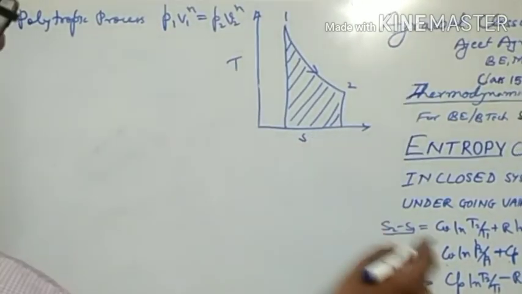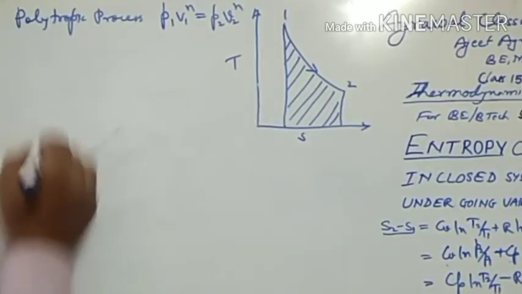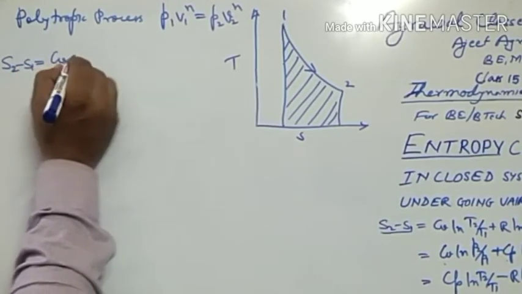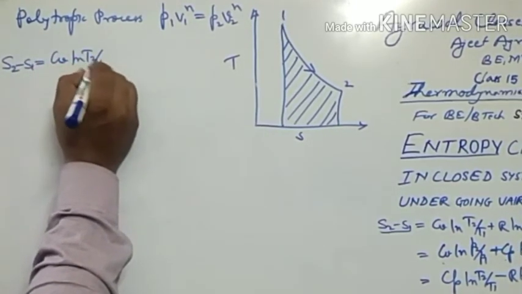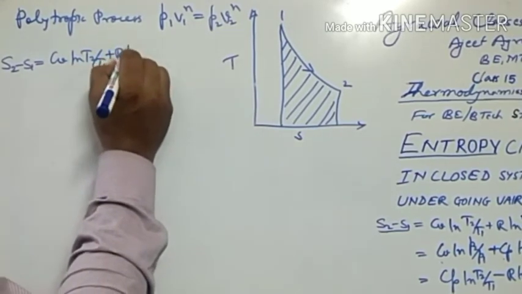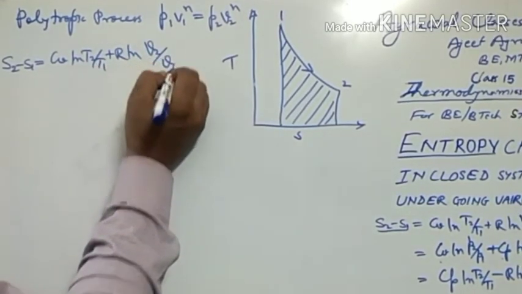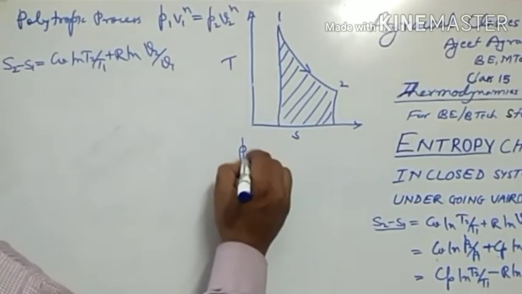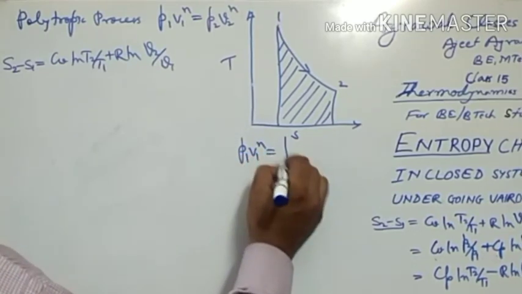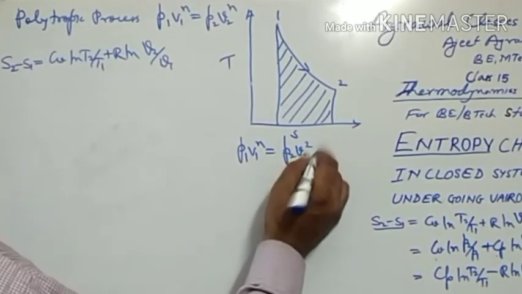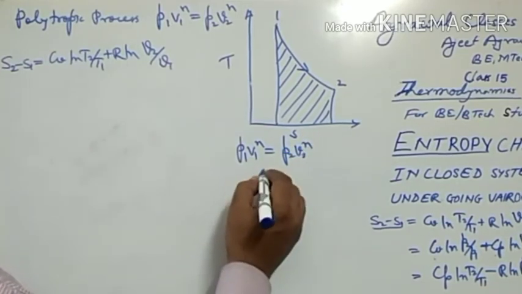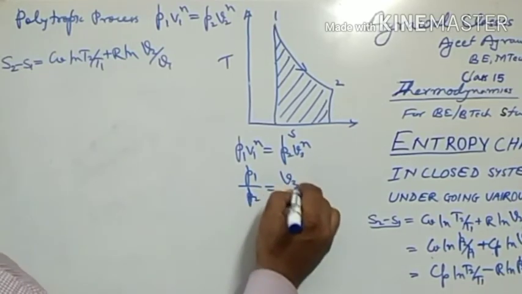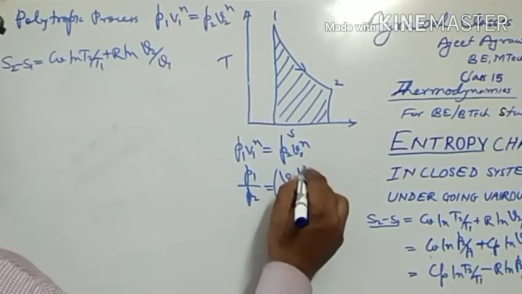So from the general equation we can write the change in entropy, S2 minus S1, equals Cv log of T2 upon T1 plus R log of V2 upon V1. This we are writing from the first equation, and we know that P1 V1 to the power n equals P2 V2 to the power n, or we can write P1 by P2 equals V2 by V1 to the power n.